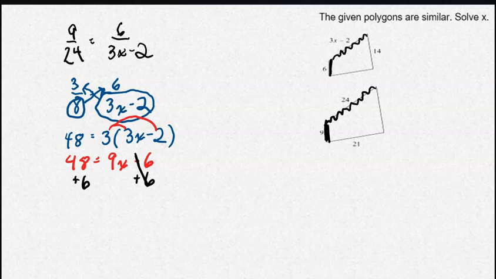So once again, I am turning that -6 into a 0, so it does not affect that side of the equation anymore. 48 plus 6 is 54. The 9 is multiplying the x. I need it to become a 1, so I'm going to divide. And x equals 6.